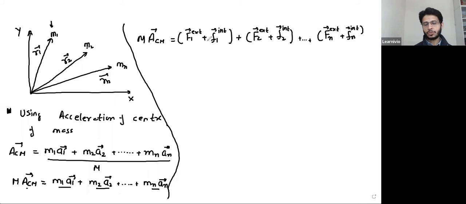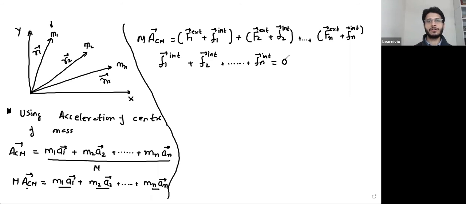So these are external and these are internal forces. Now see, as we saw in the system of two masses, internal forces cancel out each other because they're action-reaction pairs. So I can write that F1 internal plus F2 internal plus up to Fn internal is equal to 0.